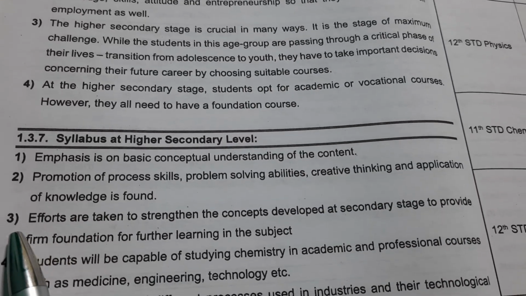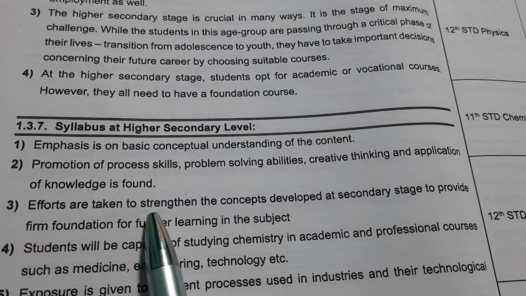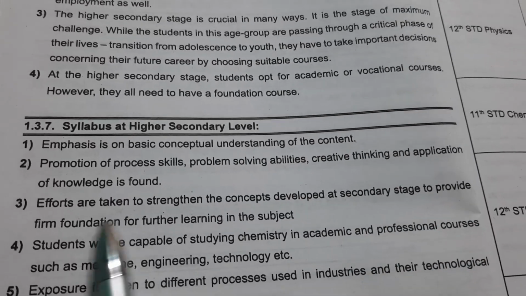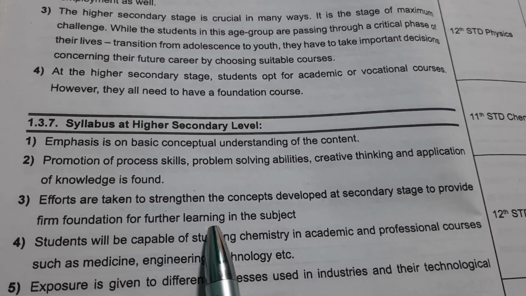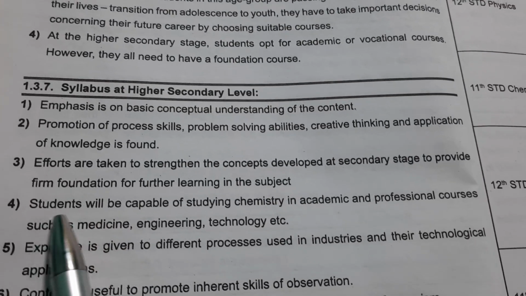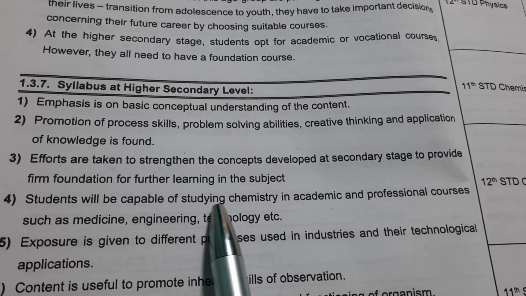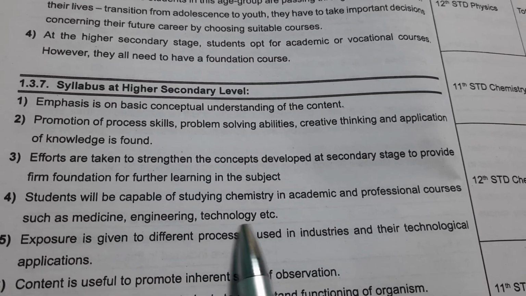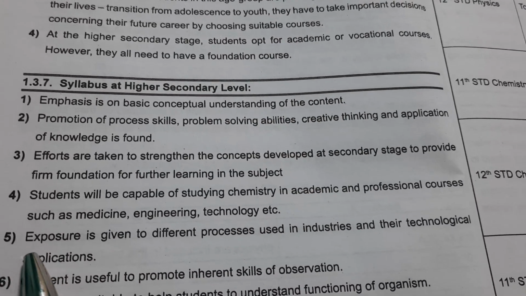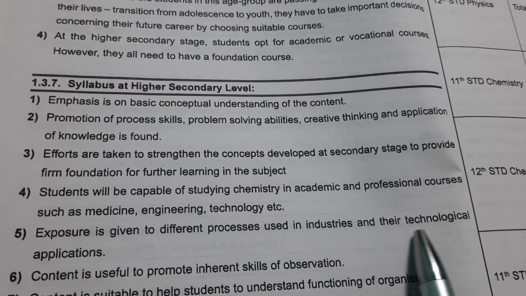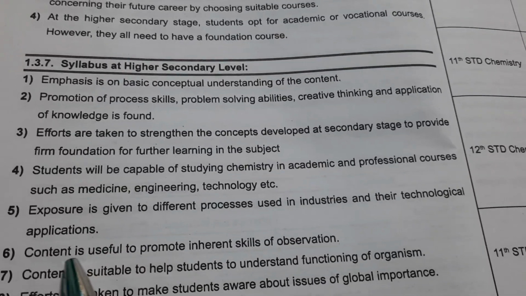Third, efforts are taken to strengthen concept development at the secondary stage to provide a firm foundation for further learning in the subject. Fourth, students will be capable of studying chemistry in academic and professional courses such as medicine, engineering, technology, etc. The fifth one is exposure is given to different processes used in industries and their technological application.